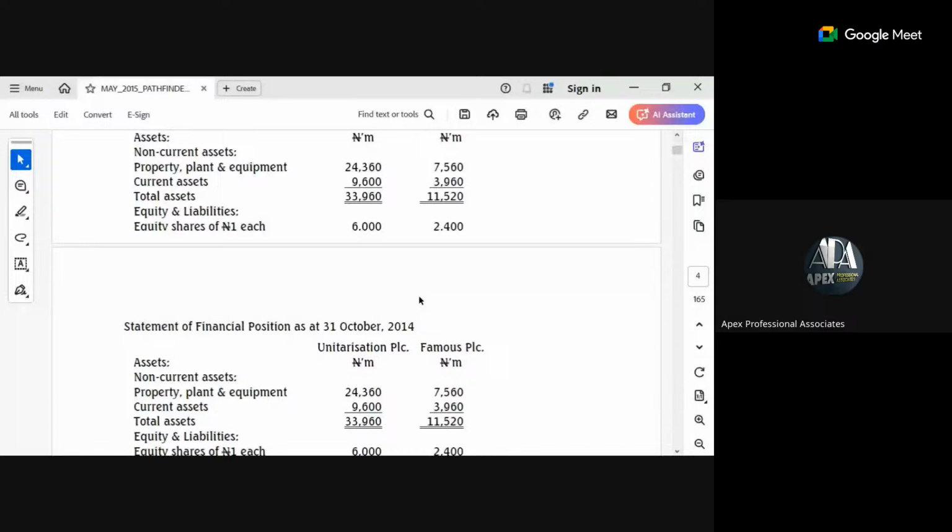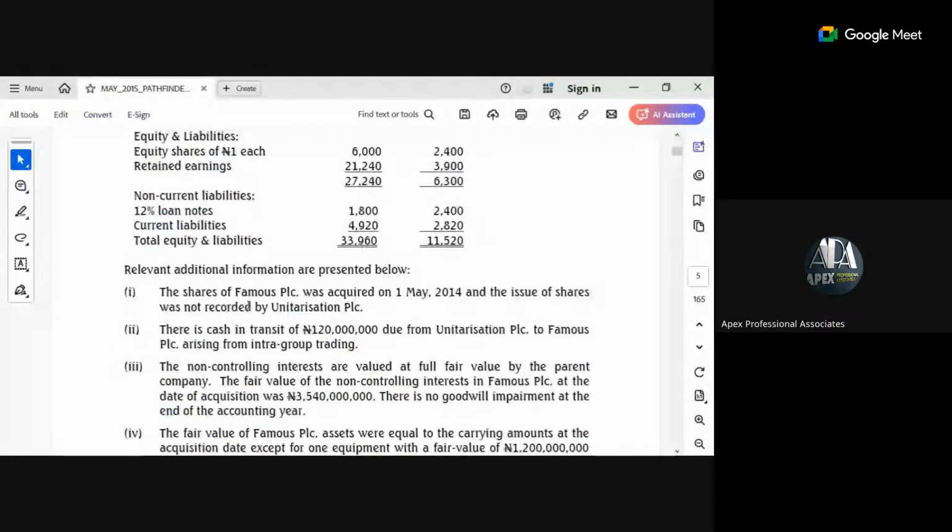Each line in a consolidation statement is important. Now, relevant additional information is presented below. The shares of Famous PLC were acquired on 1st May 2014. It's important to know the date of acquisition. The date of acquisition in this question is 1st May 2014. So the date of acquisition is an important date.